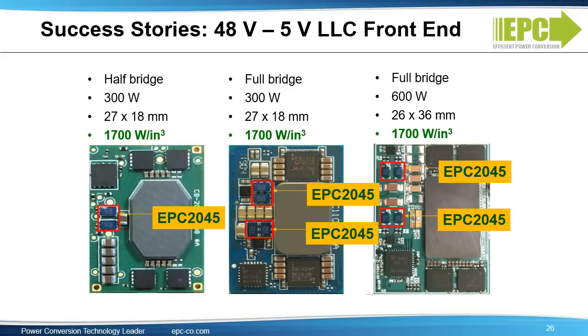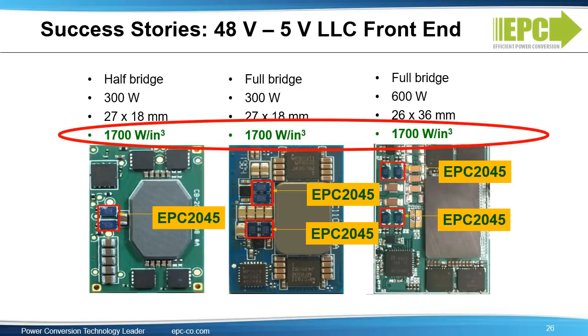The module on the right is 600 watts, and the size is double the size of the other 2. All 3 modules reach a very high power density of 1,700 watts per cubic inch thanks to eGaN FETs enabling 1 megahertz operation.